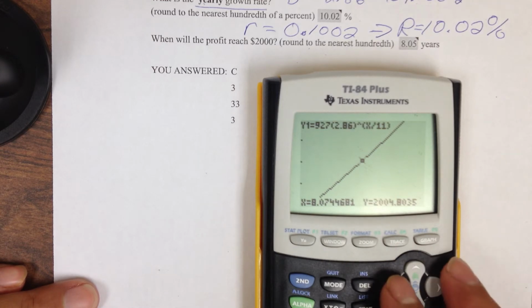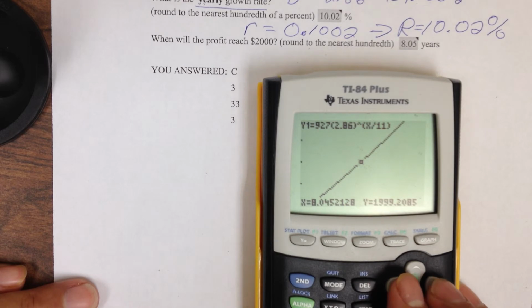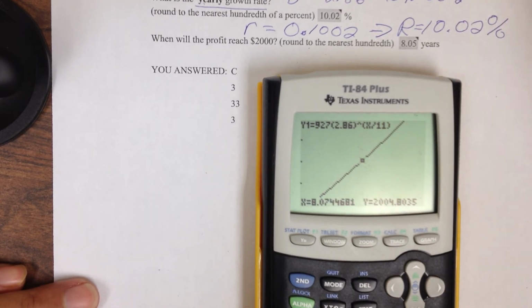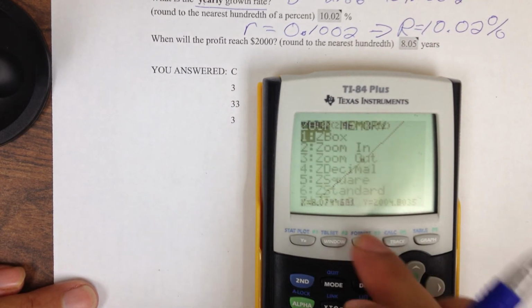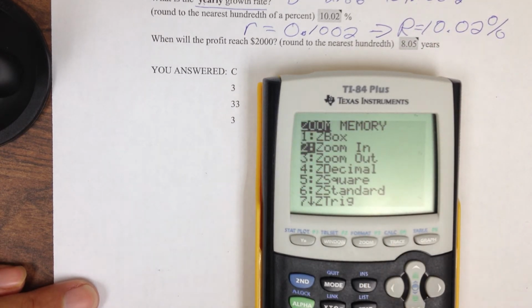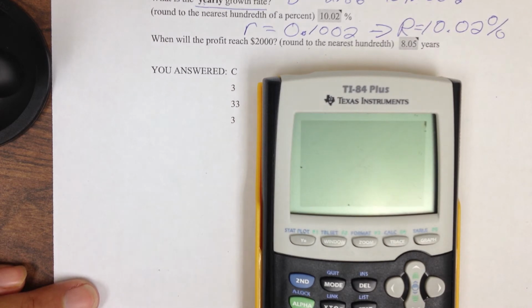Trace. And again, now I'm between 8.04 and 8.07, which is still not clearly to the 100th just yet. So what can I do? I can zoom in again to get more accuracy. And I'll hit trace.